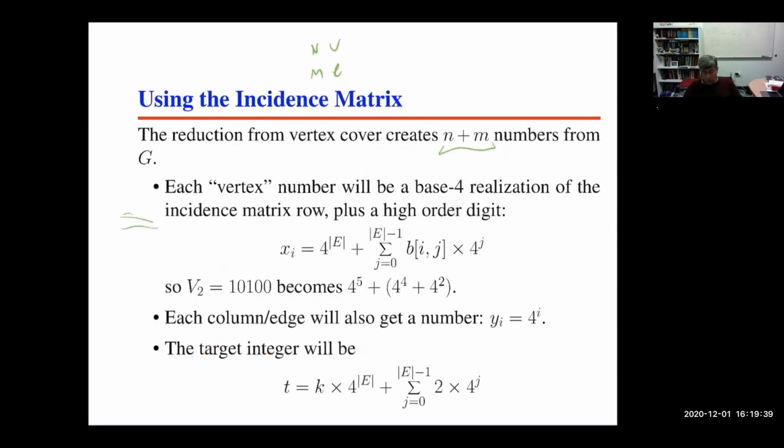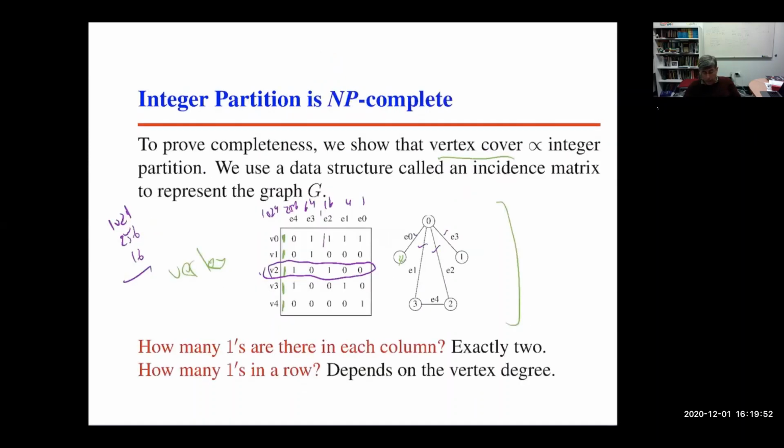I am also going to create a number for each column. Remember I said there's going to be n plus m numbers. I'm going to create n numbers, 1, 2, 3 up to n. I am also going to create m numbers, one for each edge, where it's also going to be a base 4 number.